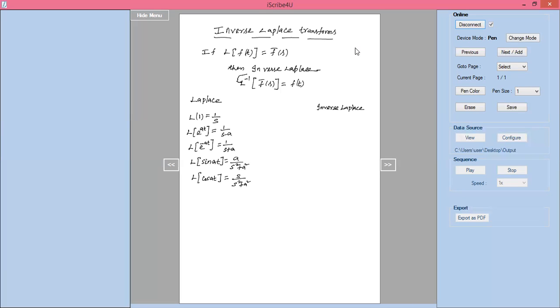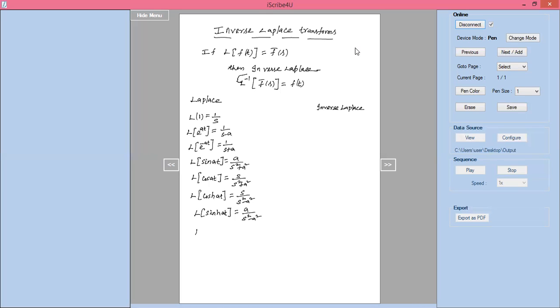L of cosh at equals s by s square minus a square. L of sinh at equals a divided by s square minus a square. These are all the formulas you studied.